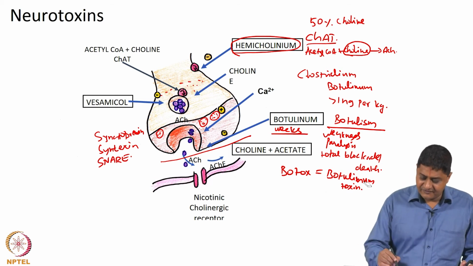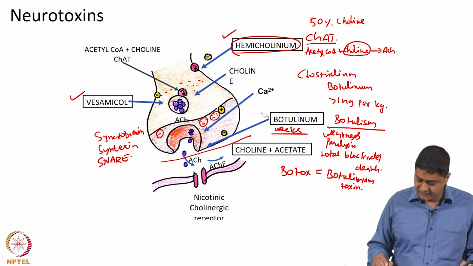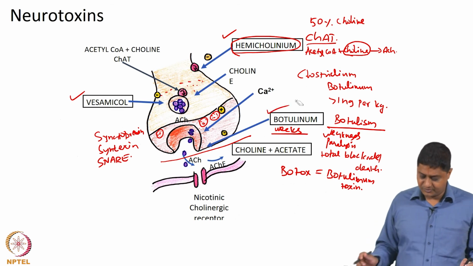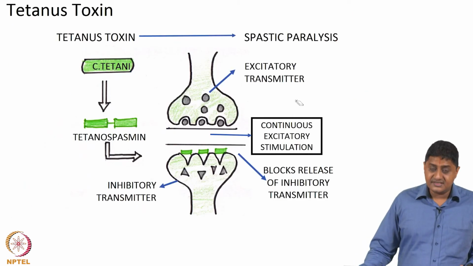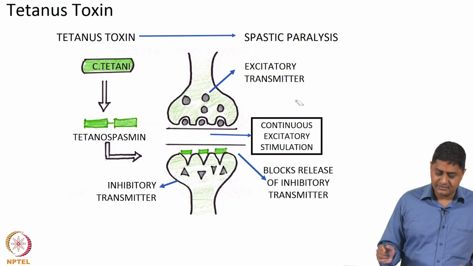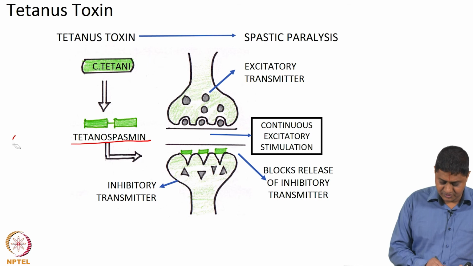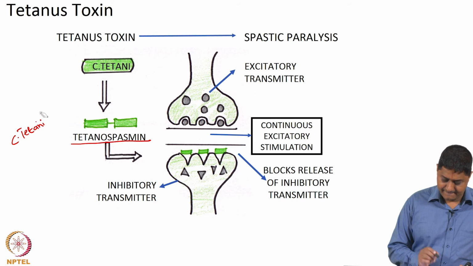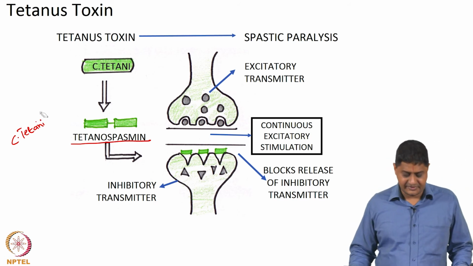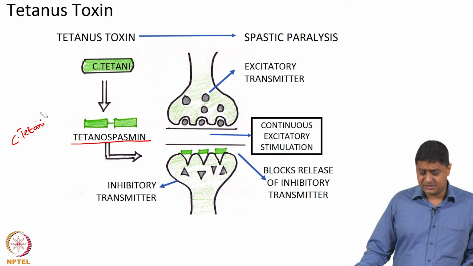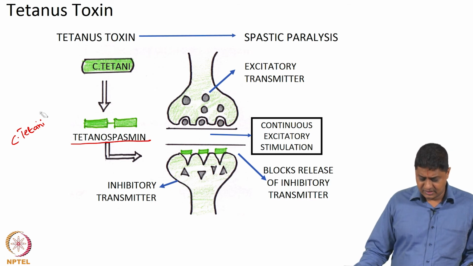Now, so far we have seen hemicholinium, we have seen vesamicol, we have seen botulinum toxin, and there are a few more. The other one is tetanus toxin. Tetanus toxin is tetanospasmin, produced by the bacterium Clostridium tetani. This is one of the most potent toxins known.